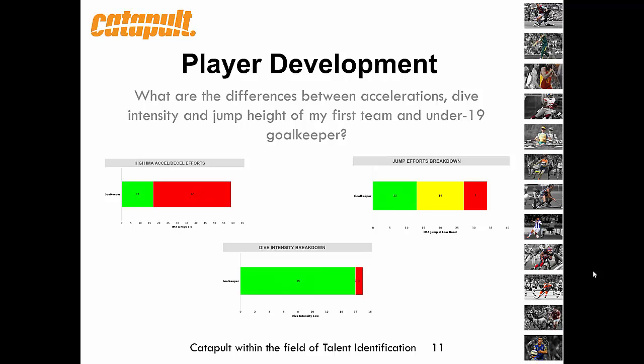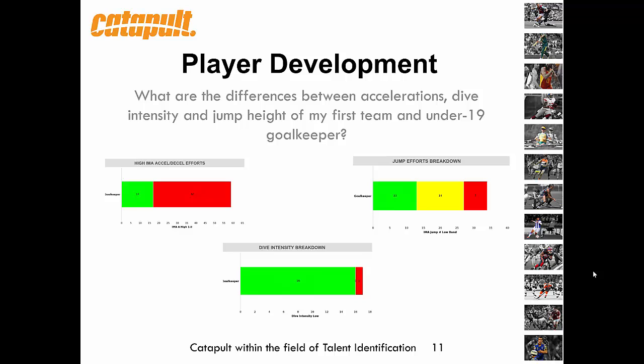So you can create graphs that will tell you the differences between certain movements, between the jump efforts, between the dive intensity breakdown, and throughout the years on a longitudinal analysis. This will allow you to develop better exercises or more suitable exercises for that day and period, depending on your own objectives.